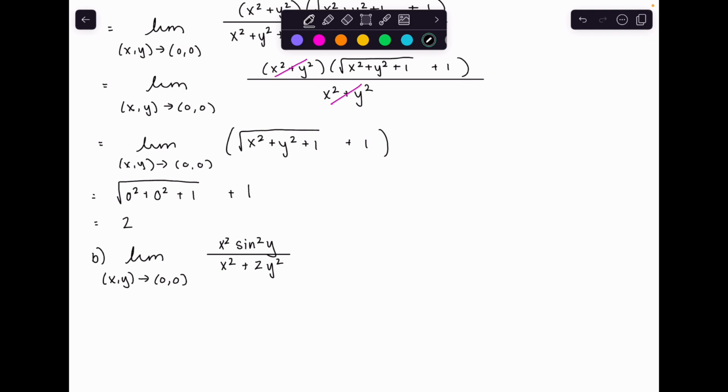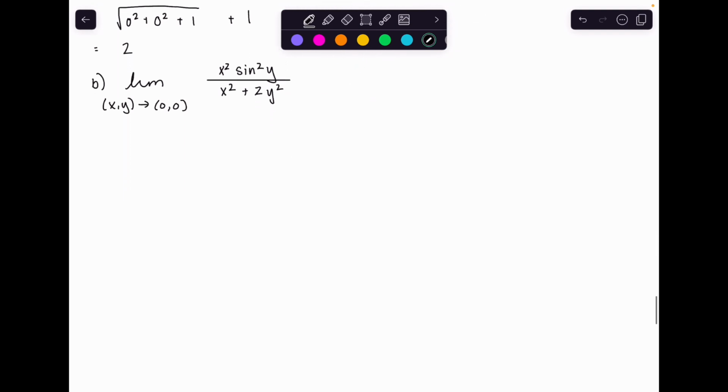So here, if I'm trying to go about this, I might, again, not recognize what to do from the get-go. So it's going to be natural for me to try the two-path test. Okay. So I'm going to pick a bunch of paths and see what does it give me. If I end up trying like 3 paths or so and I'm getting the same thing over and over, that's the indication my limit does exist. But I don't know that yet.